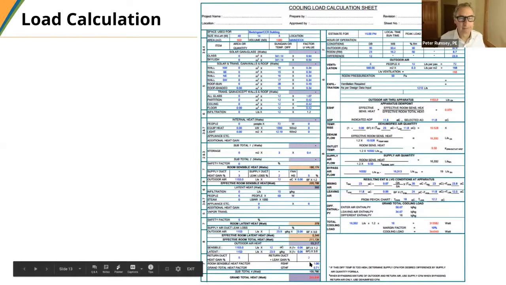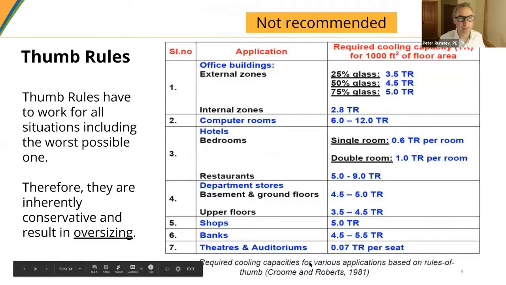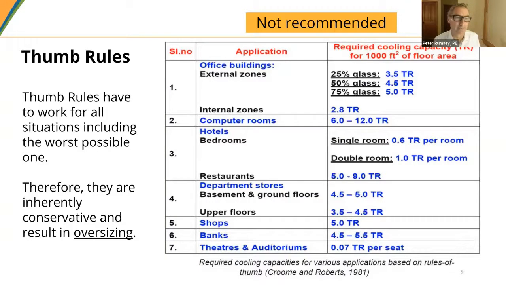Unfortunately, there is a different approach that some people use, and that is using thumb rules. You might have heard about this, but basically there are shortcuts that you can use that don't involve a load calculation.